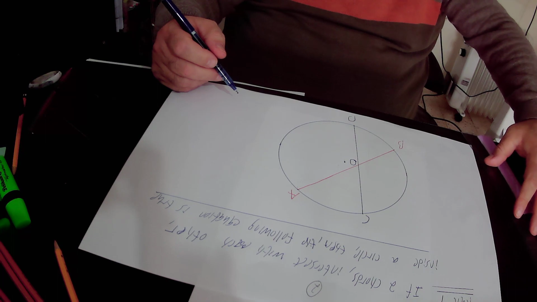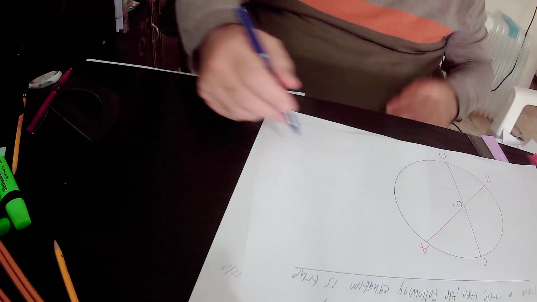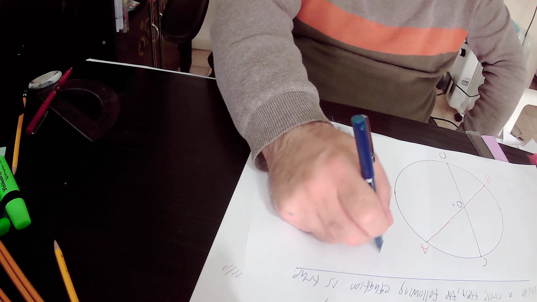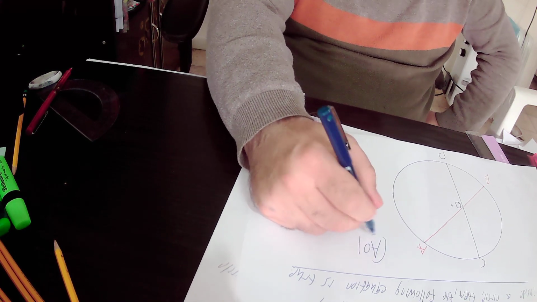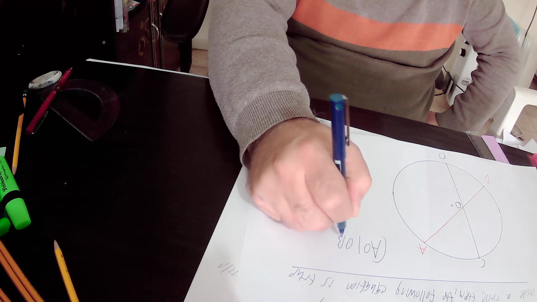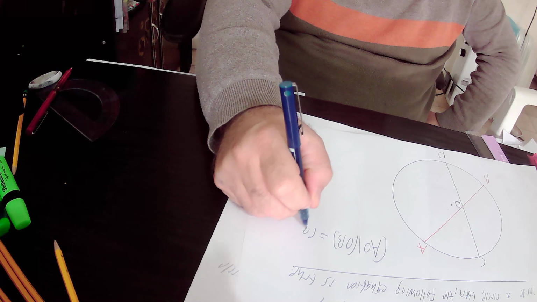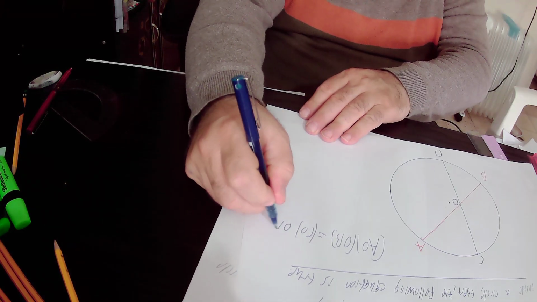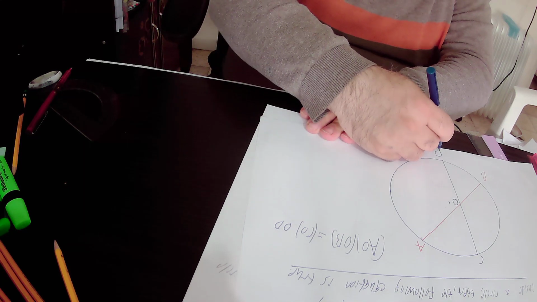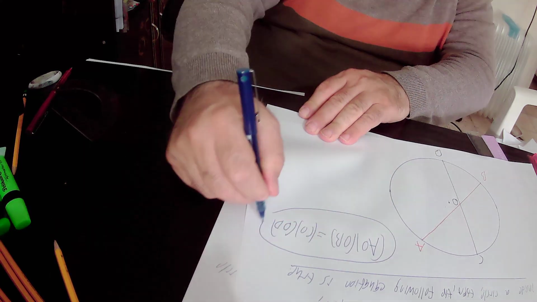In this case, the following equation is true: AO times OB equals CO times OD. Okay? I'll repeat again.